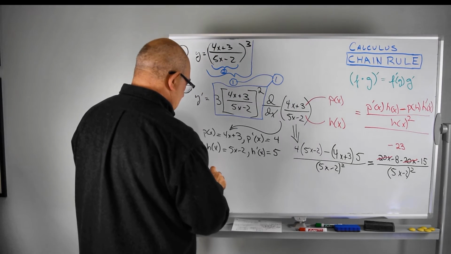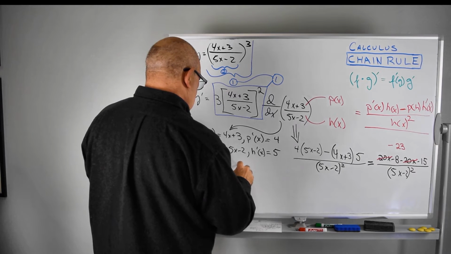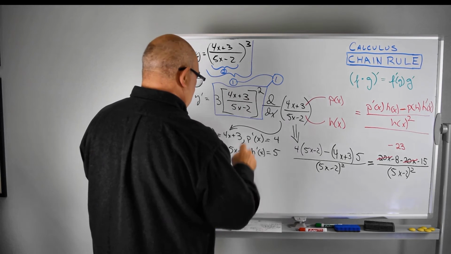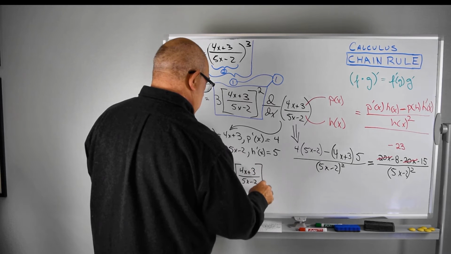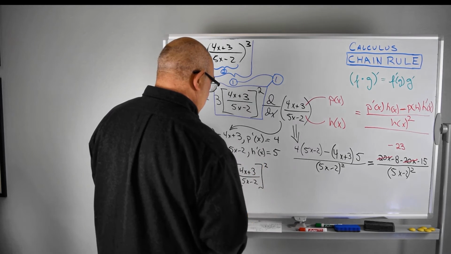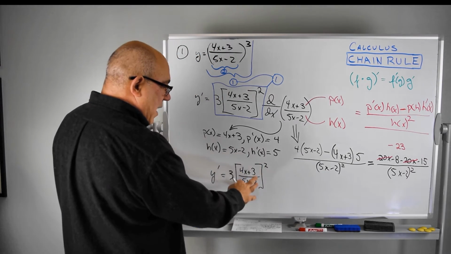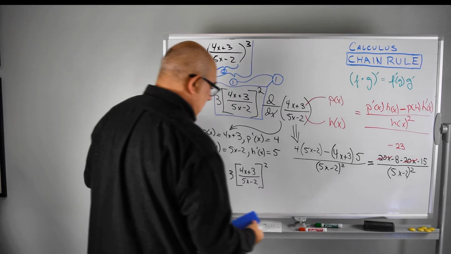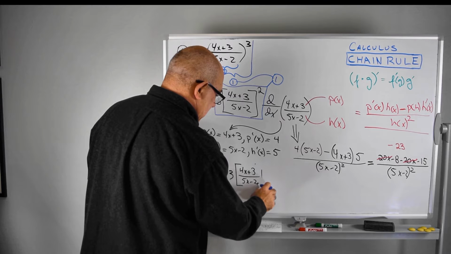We know y prime equals 3 times 4x plus 3 divided by 5x minus 2 squared. And as you notice this, I'm going to rewrite this a little bit differently, which will help us simplify it in a second.